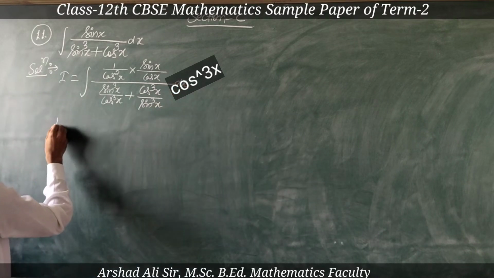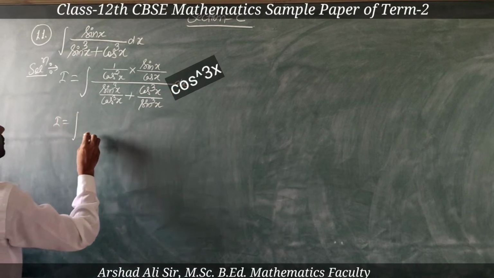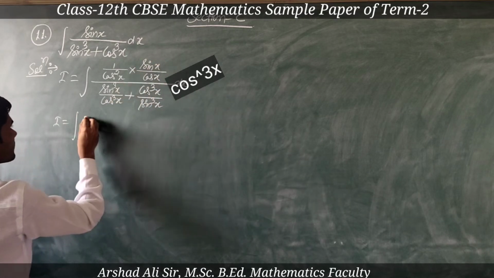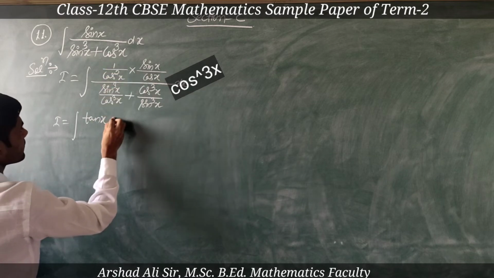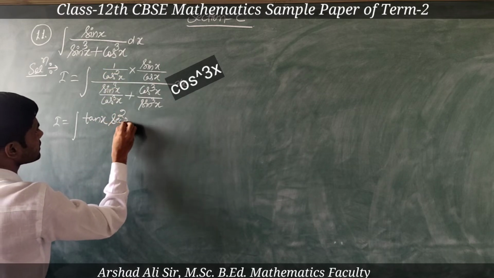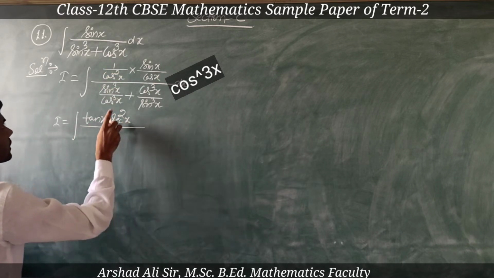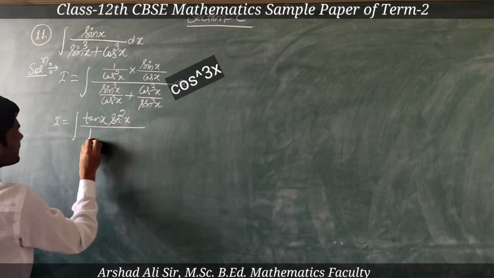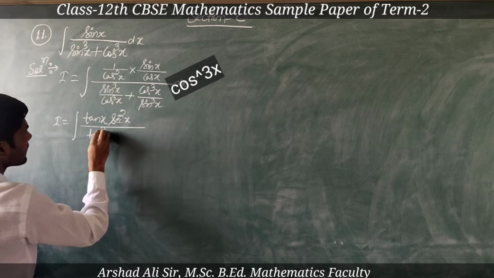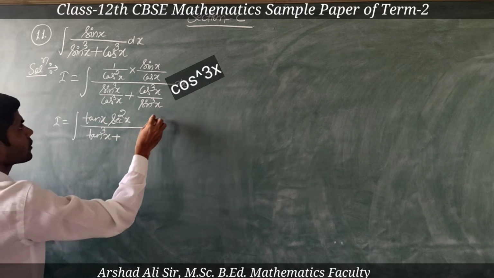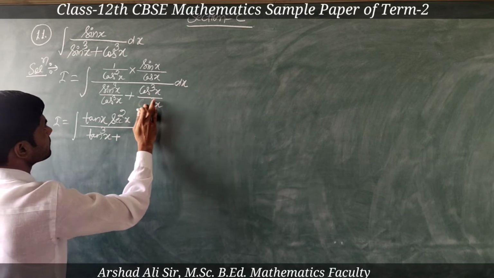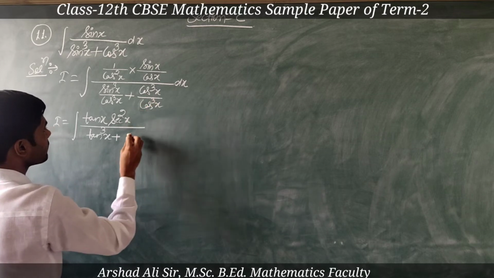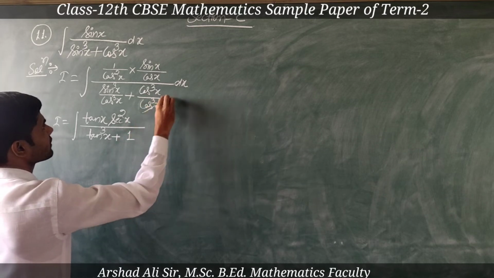Now here we can write I is equal to sin x upon cos x, it will be tan x, into 1 upon cos square x, it will be sec square x, upon sin cube x upon cos cube x, it will be tan cube x, plus cos cube x upon cos cube x, it will be 1 after cancellation.